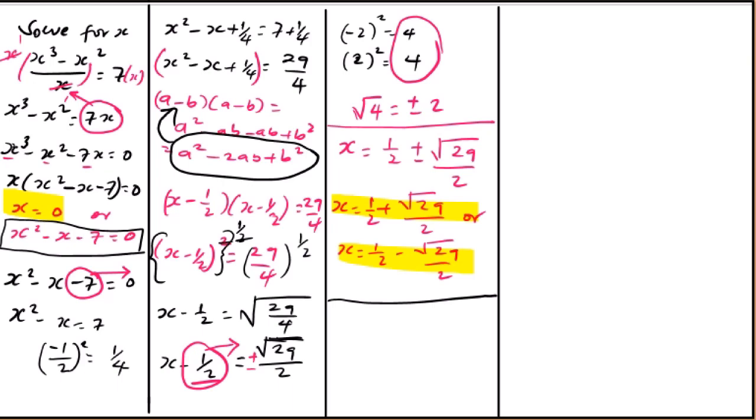Now the quadratic formula, we have x is written as x equals minus b plus or minus root b squared minus 4ac, over 2a.